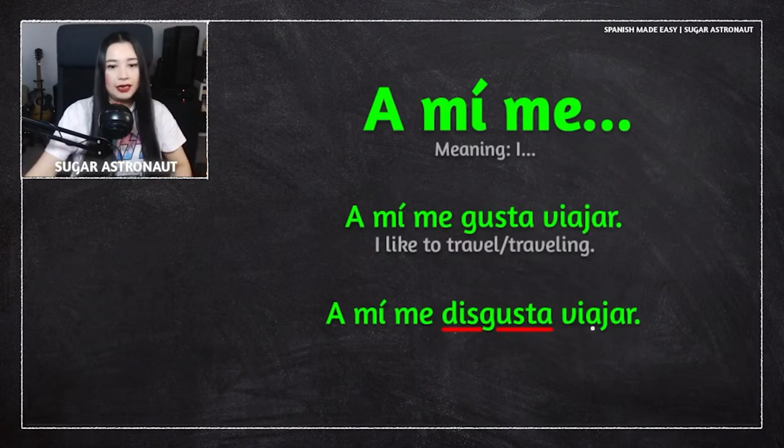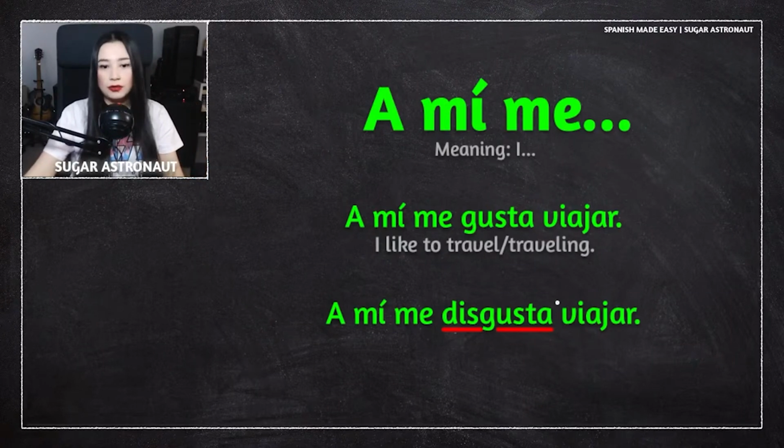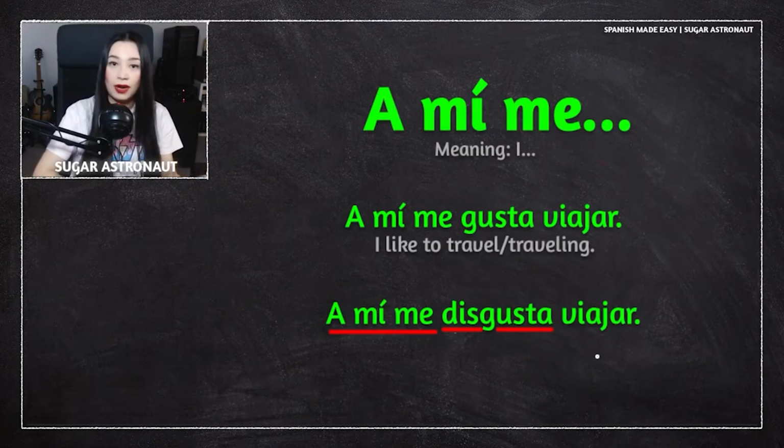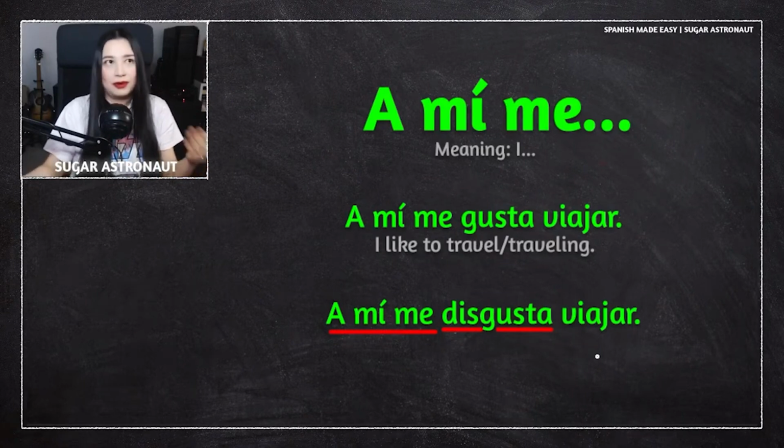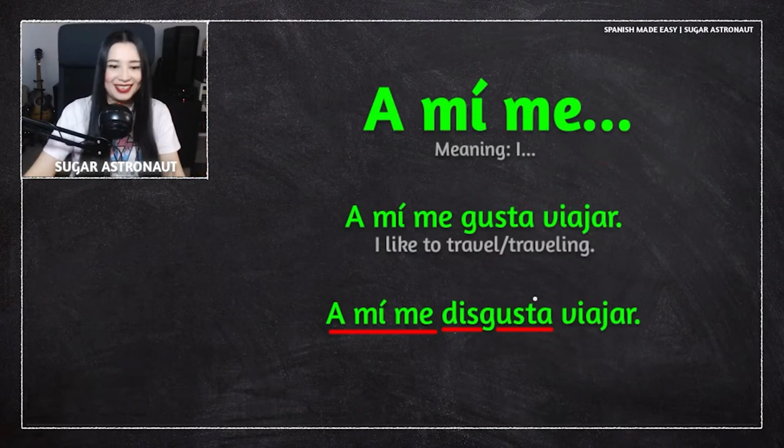Once again, just like we did with gustar, we just removed the letter R from the verb, and then you can add a mí me before, and there you have it. You have a conjugated verb for the phrase a mí me, or the personal pronoun I, right? So, a mí me disgusta viajar.